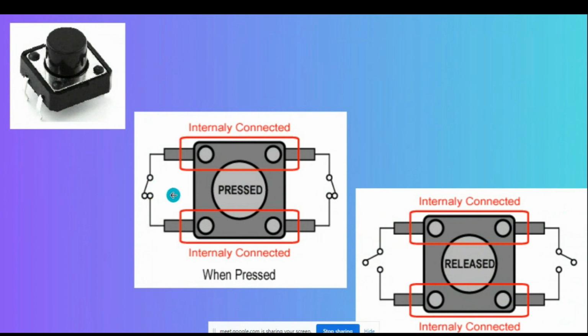When you release it, the internally connected ones stay the same, and these two connections will lose their connection. That means there's no way to pass the current through these connections at the release phase. When you press it, these connections will occur and it will complete the circuit to pass the current. So that is what basically happens within the push buttons.